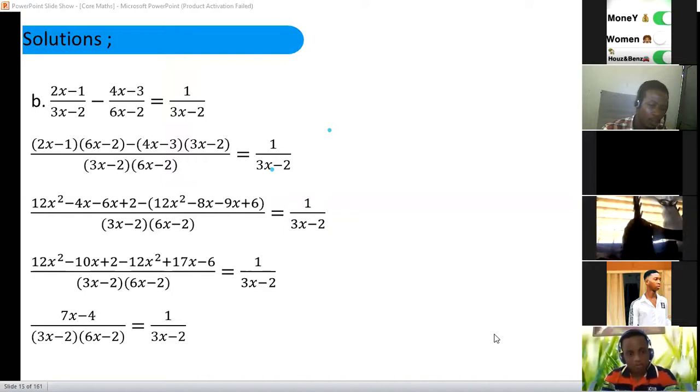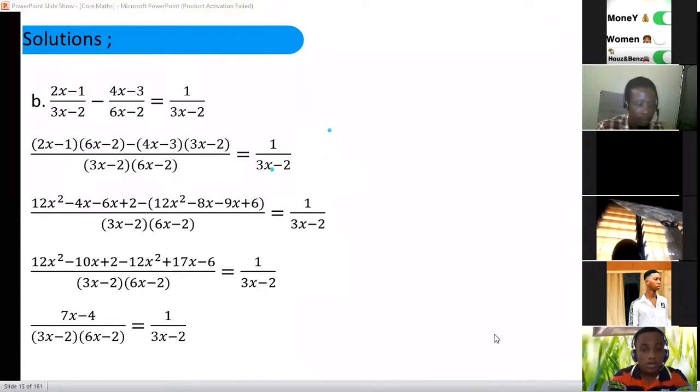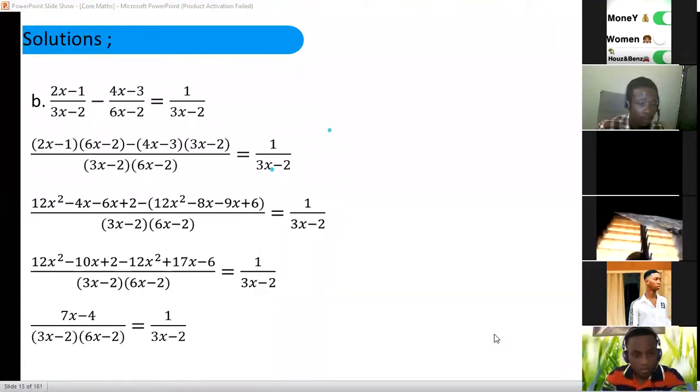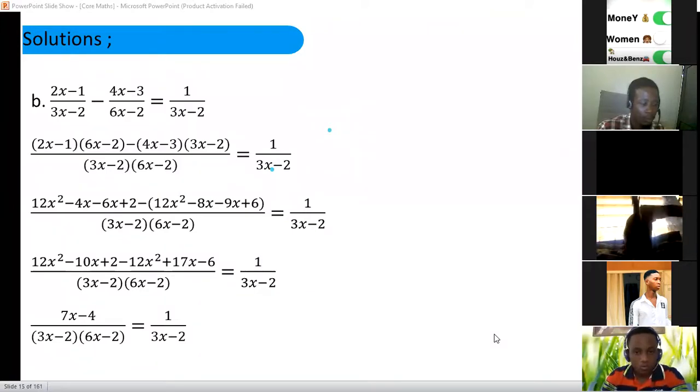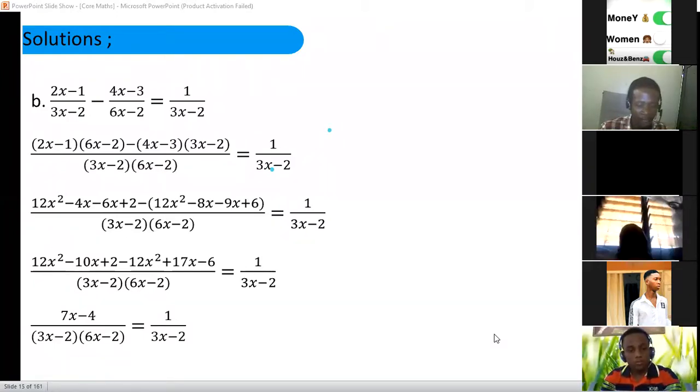Okay, so please, the answer 7x minus 4 over the 3x minus 2 times 6x minus 2. So why won't you multiply the 3x minus 2 and the 6x minus 2? You see, anytime you are solving this kind of equations, where it is necessary for you to expand, you expand. But if it is not necessary, don't expand for your equation to be simple.